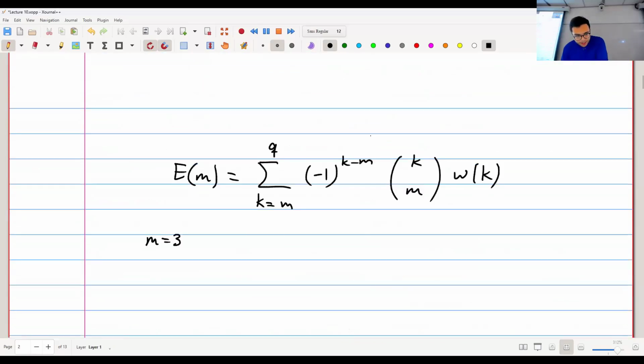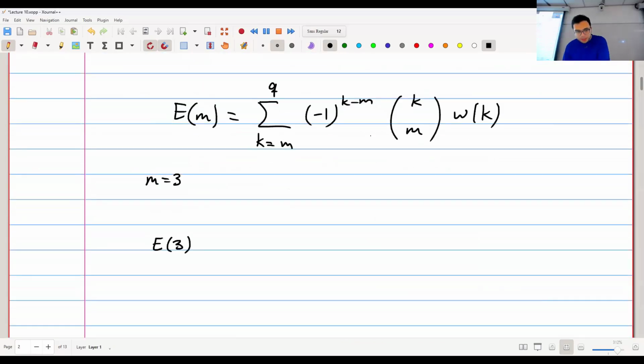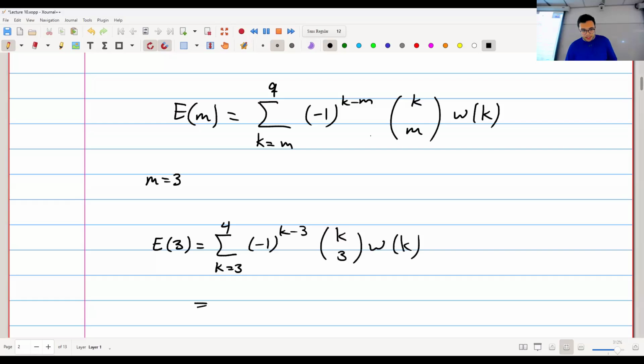I can say E3, which is the paths that are in the intersection of exactly 3 of my sets, is going to be the sum of k from 3 to 4, because I had 4 overall, minus 1 to the power of k minus m, k choose m, oh, m was 3, k choose 3, omega k.